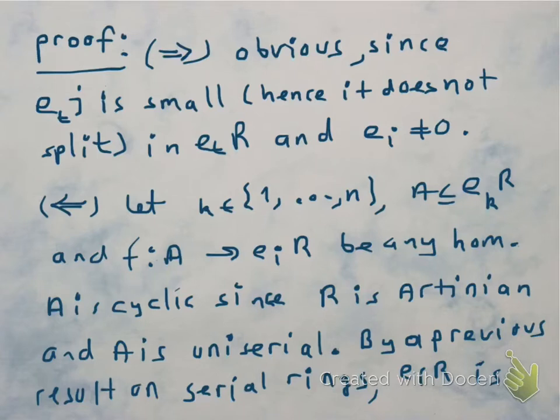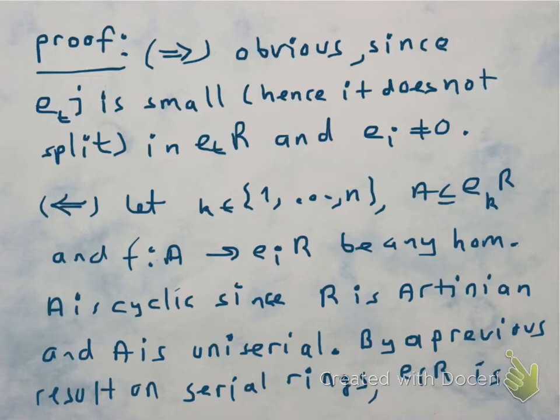Now, remember the fact that in the case of a serial ring, each of the principal indecomposable modules is almost injective relative to each other and including themselves as well.